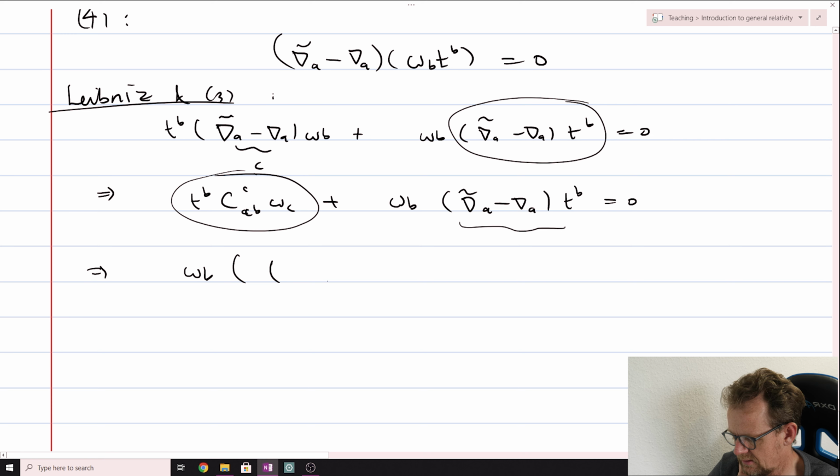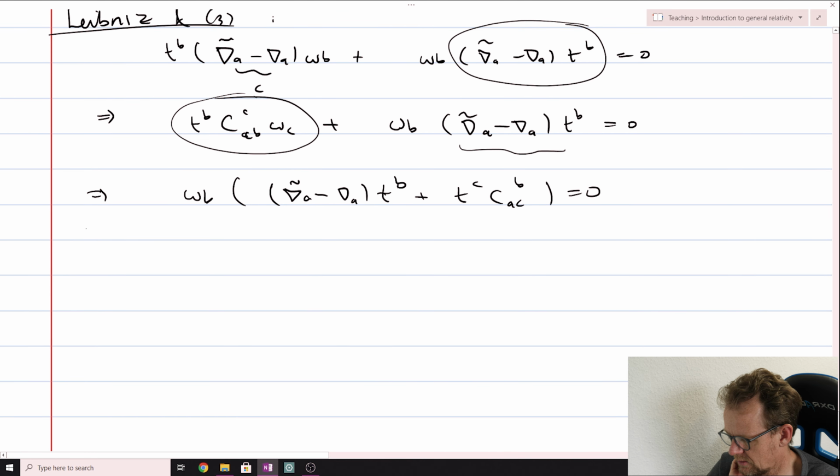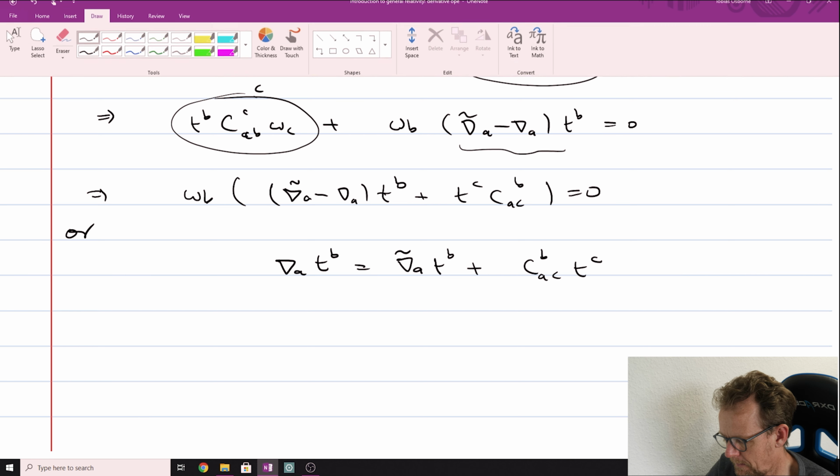So we're just factoring out omega_b here. This expression vanishes. Another way of writing this is that it tells us how these derivative operators act on arbitrary vector fields in terms of data that we already have.